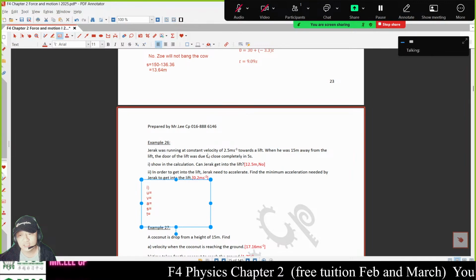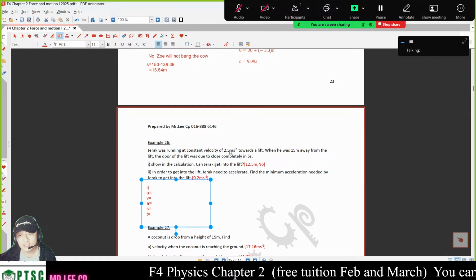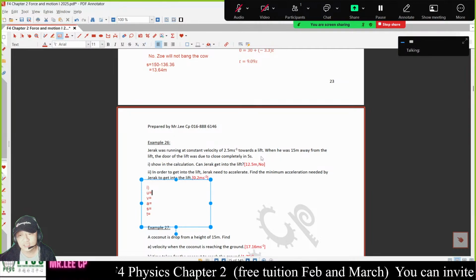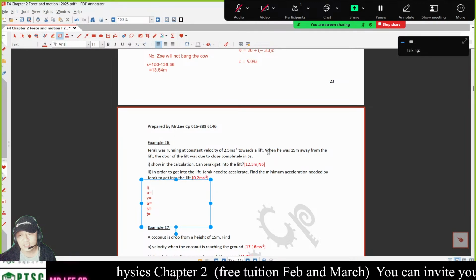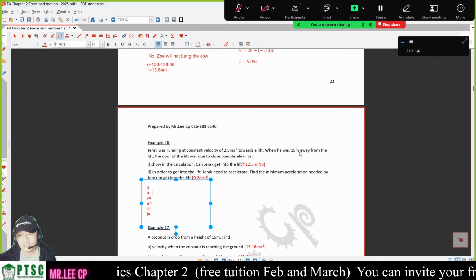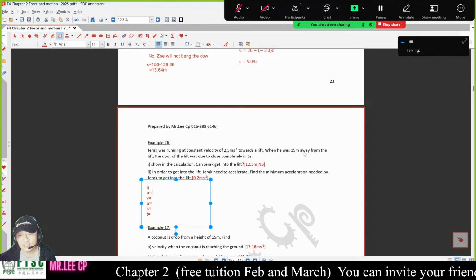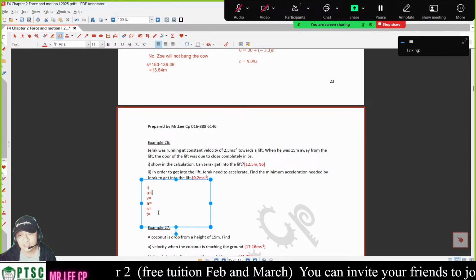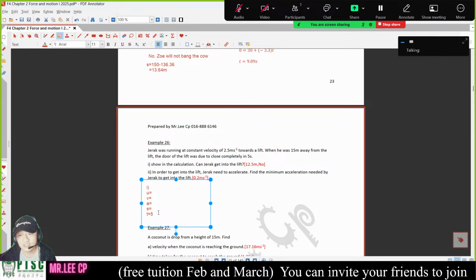So running constantly with 2.5 toward a lift, and when he was 15 meters away from the lift, the door was due to close in 5 seconds. Right, 5 seconds.